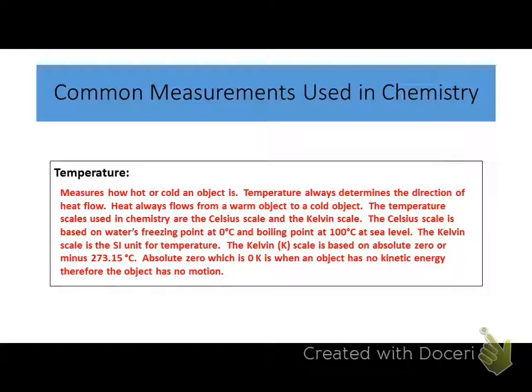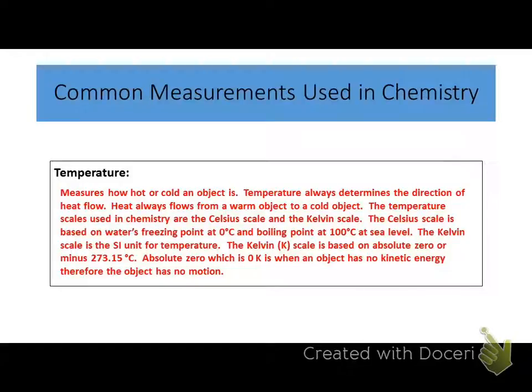And yet the Kelvin scale is the most important temperature scale out of all the scales there are. Now, there's also the Fahrenheit scale, but we're not even going to touch on that in chemistry, so don't even worry about it. The Fahrenheit scale is not really useful in science, so we are going to ignore it.